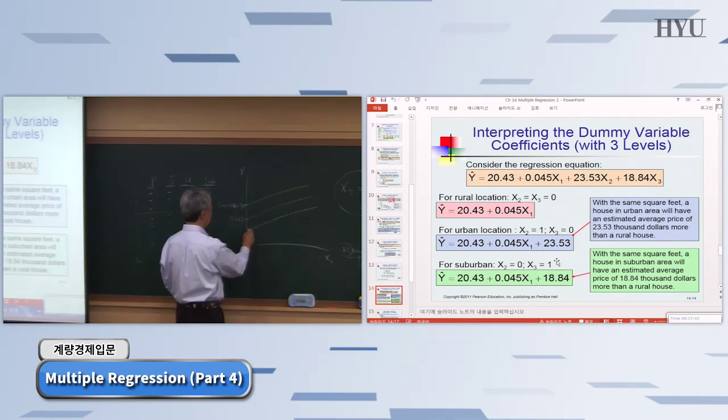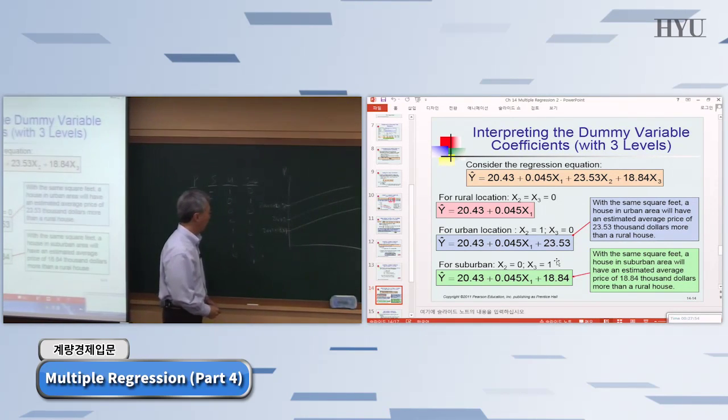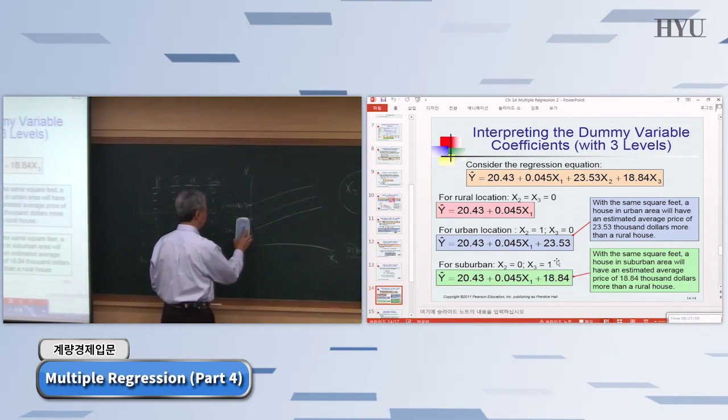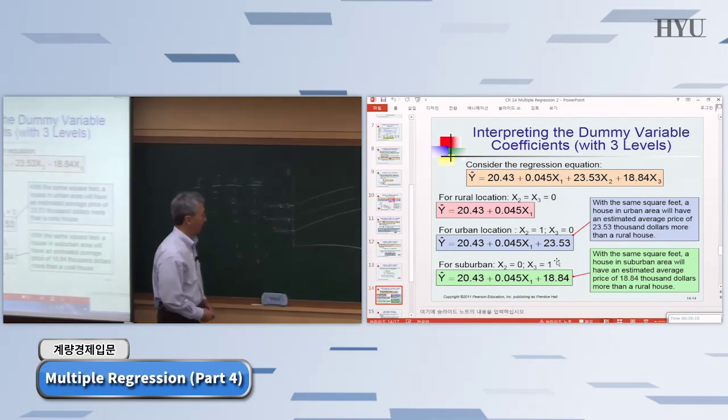And for the suburban location, it's 20.43 plus 18.84. Oh, sorry, I was thinking something else. So that's 20.43 plus 18.84.